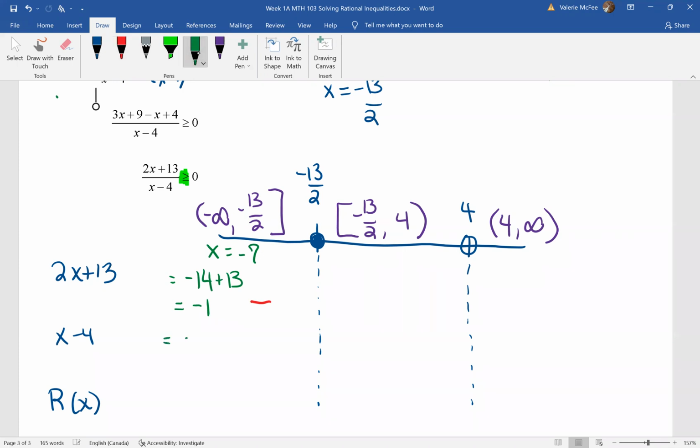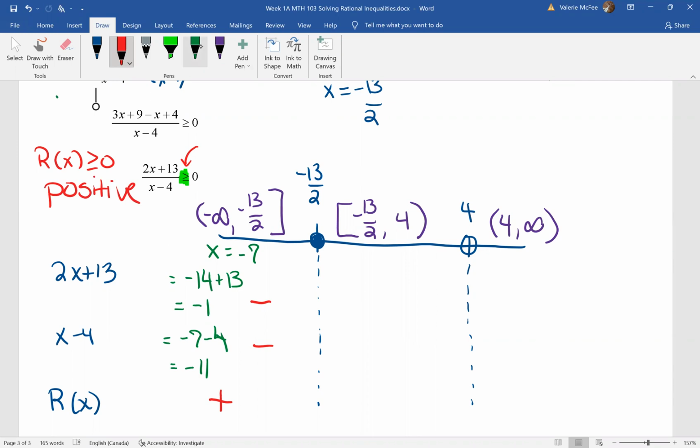Negative 7 minus 4, negative 11. Also negative. So if we have a negative over a negative, my rational expression will be positive. And remember, we want the r of x to be greater than or equal to 0, which means we want the r of x to be positive. So I know that the first interval is part of my solution.